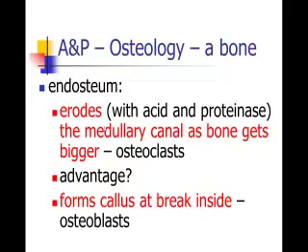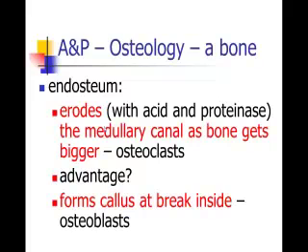Also, the osteoblasts form the callus in the marrow cavity of the bone when a bone is broken. And we'll see this callus not only forms on the inside, but also forms on the outside.